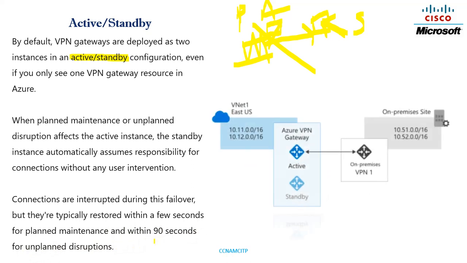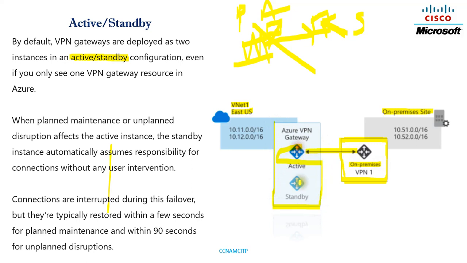You can see a small diagram here. This is your on-premises site, and this is your virtual network in East US, with one on-premises VPN on this side, now connecting to the infrastructure on cloud. You can see we have one standby and one active here.